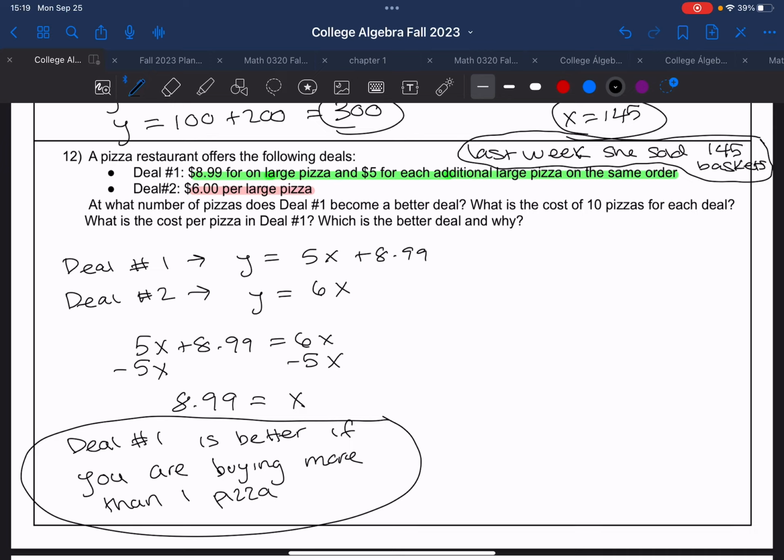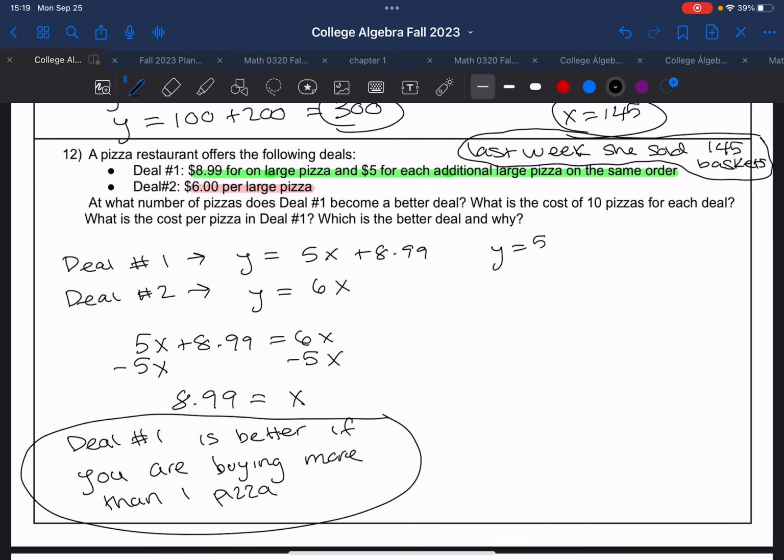Then it says, what is the cost of 10 pizzas for each deal? So I'm going to plug in 10 for each of these. I have y is equal to 5 times 10 plus $8.99, and y is equal to 6 times 10. In the first deal, that comes out to $58.99, and for the second deal, that comes out to $60.